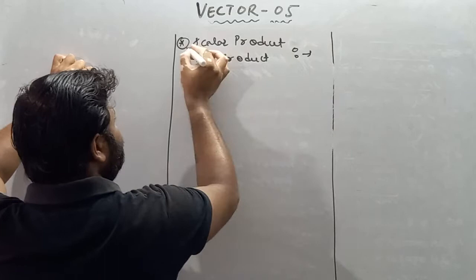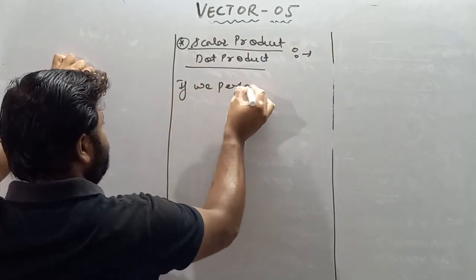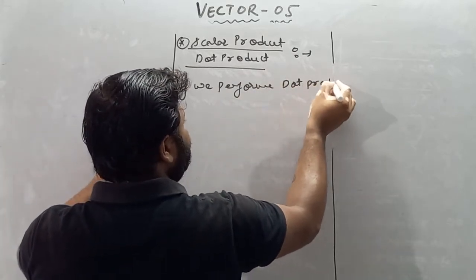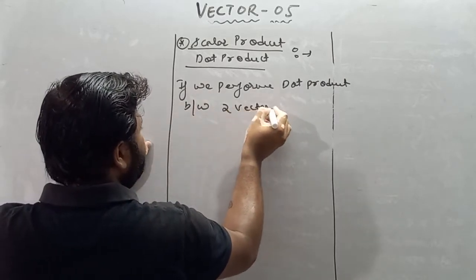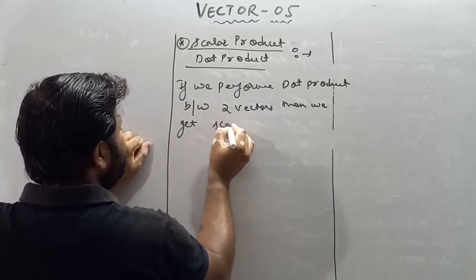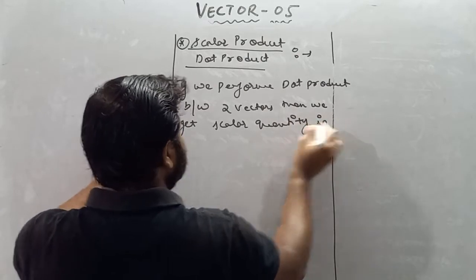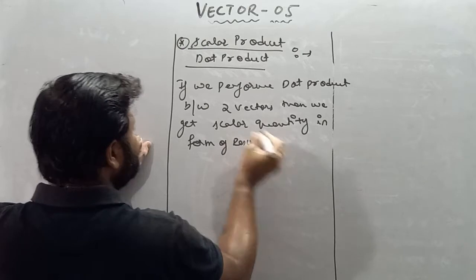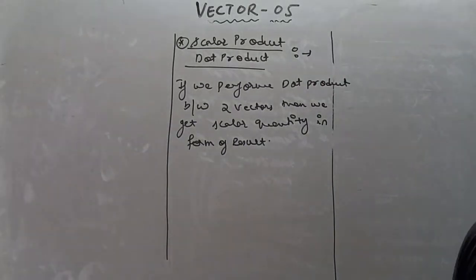Because if we perform dot product between two vectors, then we get a scalar quantity as the result. That's why this is said to be scalar product, or dot product.